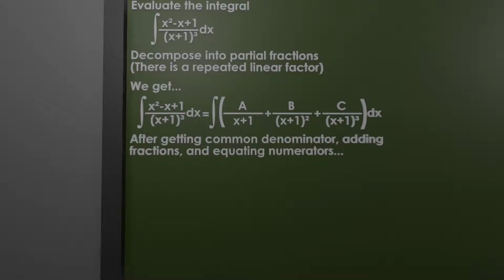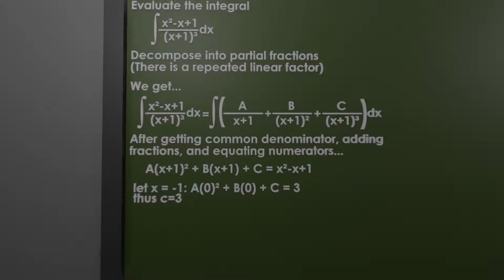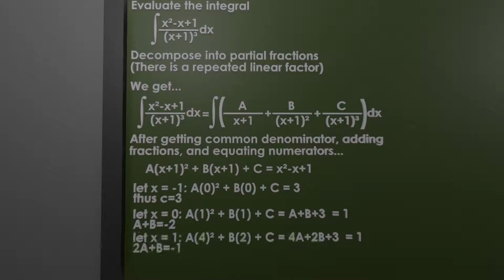After getting a common denominator, adding the fractions and equating numerators, it follows that A times (x plus 1) squared plus B times (x plus 1) plus C equals x squared minus x plus 1. Then we substitute values of x. Mostly we find the roots of the functions, but that can only be applied to the first repeated term, and mostly it also applies to distinct terms.